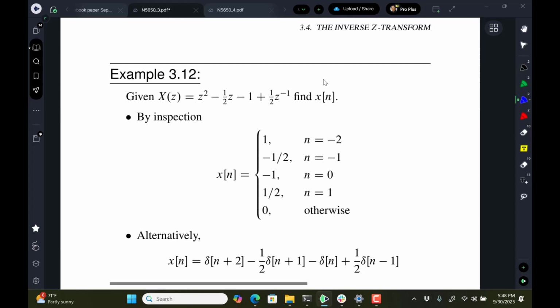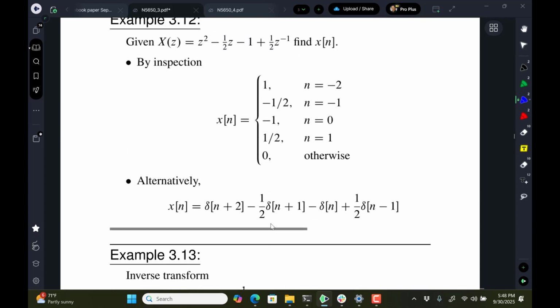Like this just says if this is X of z, you can just immediately say this must be x of n by just identifying what's going on here. z to the 2 must be the 1, minus 1/2 z must be at minus 1, minus 1 must be at 0, and so on. Just be able to see it by inspection and thinking in terms of the power series.